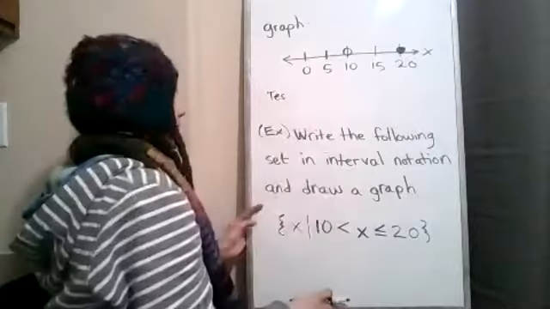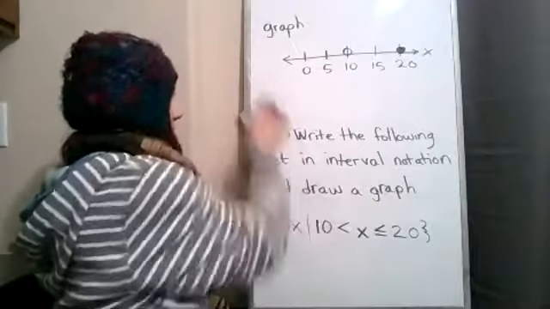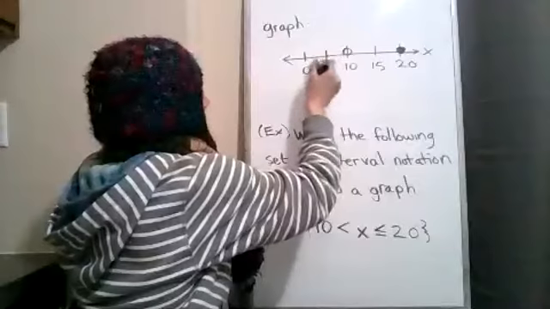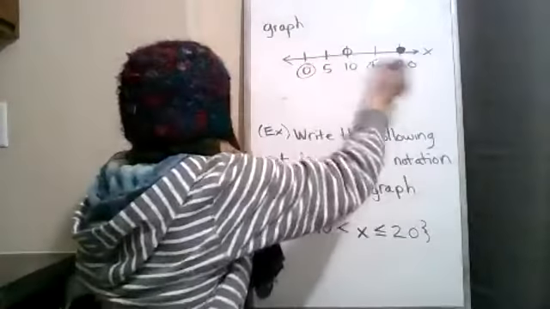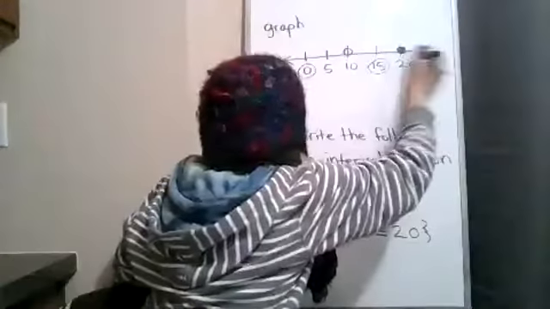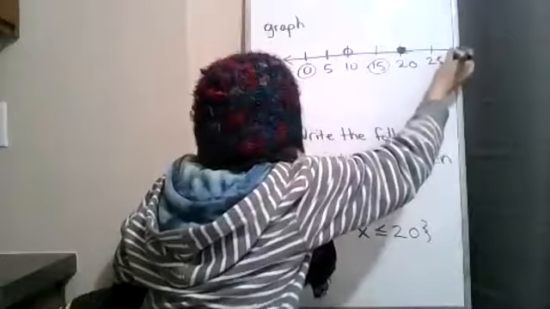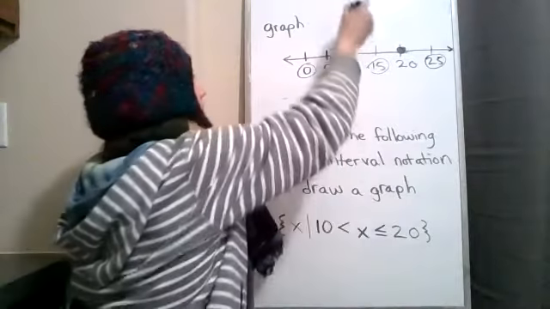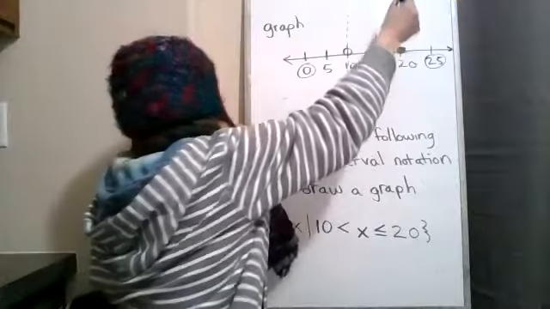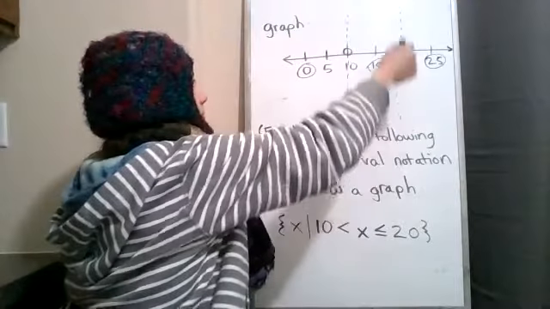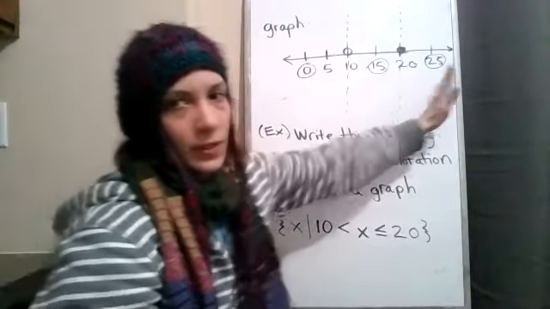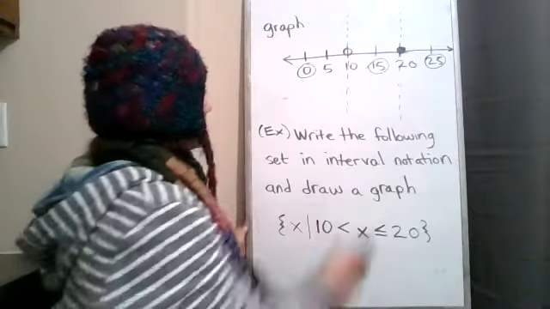Let's just pick 0 and 15, some number from here to here, something in there, and then somewhere past 20.